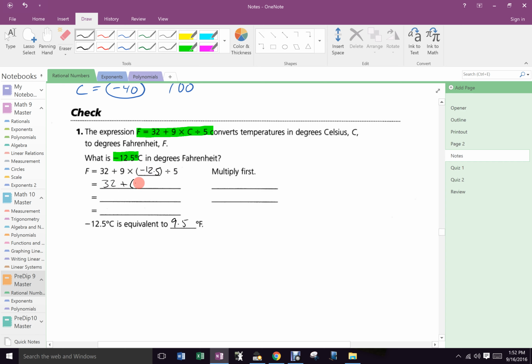So that's negative 112.5 divided by 5. Then, of course, you're going to divide, which is 5 goes into 112, 22 times, and a half. So it's going to be 32 plus negative 22.5. And of course, 32 minus 22.5 is 9.5.